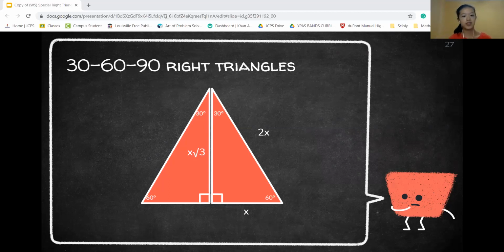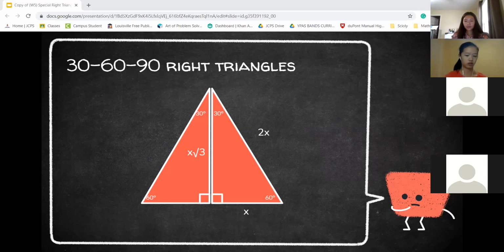So you see that midline that's dividing the equilateral triangle into two right triangles, that divides the bottom side in half. So if the side of an equilateral triangle is 2x, then just the right half of it, that bottom leg, would have length x.